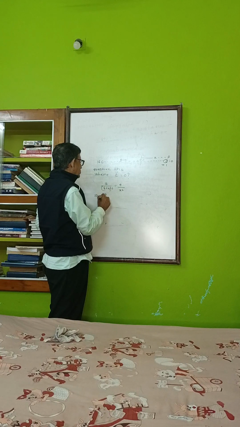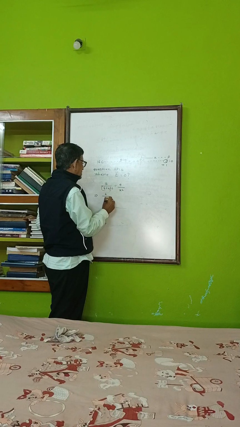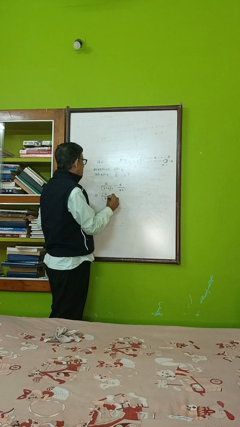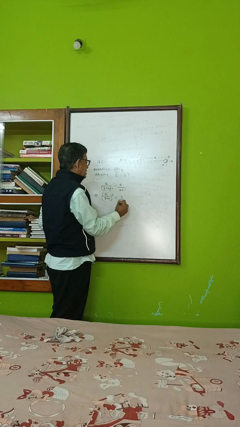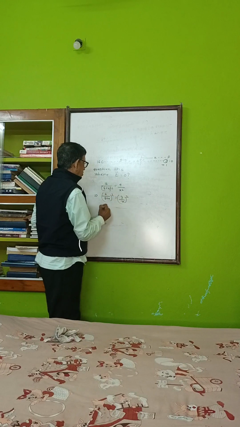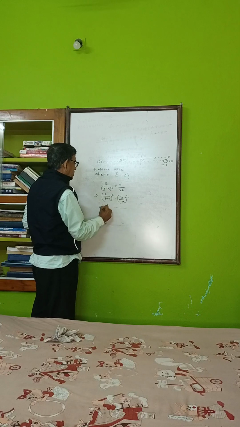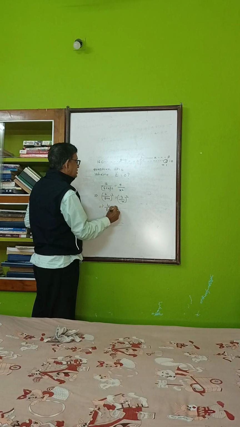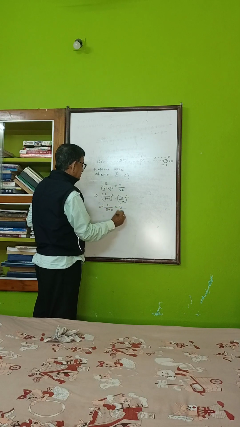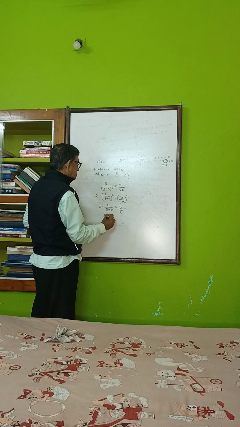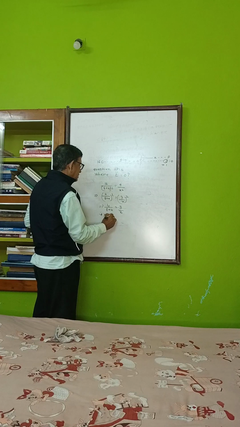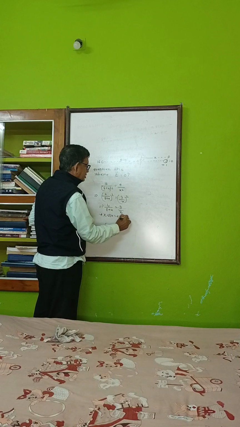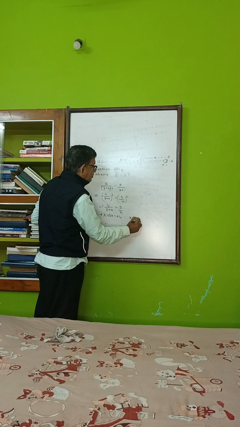Now we have 4 by (8 plus x) whole square equal to 3 by x whole square. So we have 4 by (8 plus x) equal to 3 by x, or 4x minus 3x equal to 24, or x equal to 24.